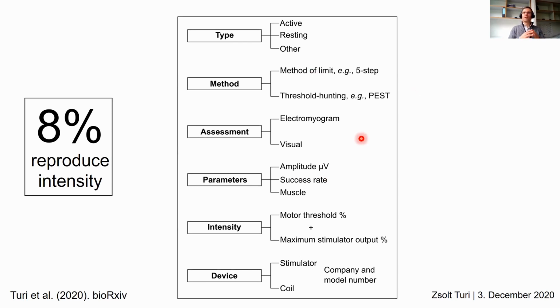So it's very useful if you report enough information so that we can reproduce the stimulation intensity as well as the corresponding electric field strength, at least on a template head model. I think this would also be very useful because eventually we use many different stimulation protocols, and it might be the case that this variability is, at least partially, due to the fact that we use different electric field strengths in different studies.